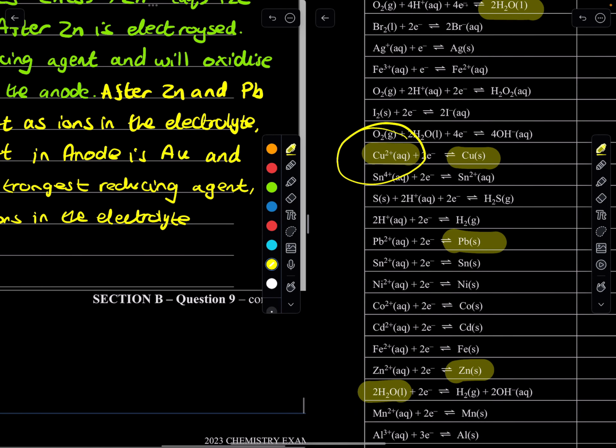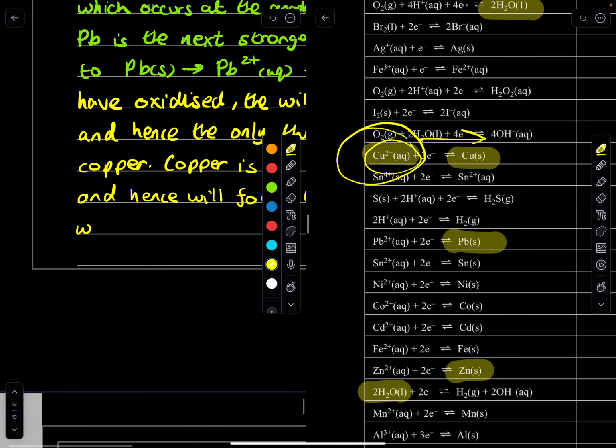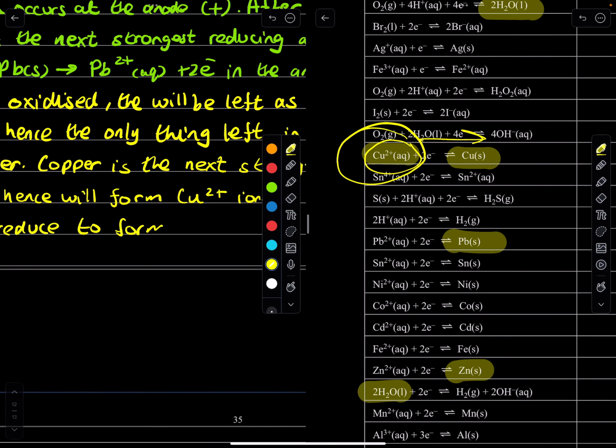And hence this will reduce to form pure copper. So when it gets this, it will reduce more to pure copper.